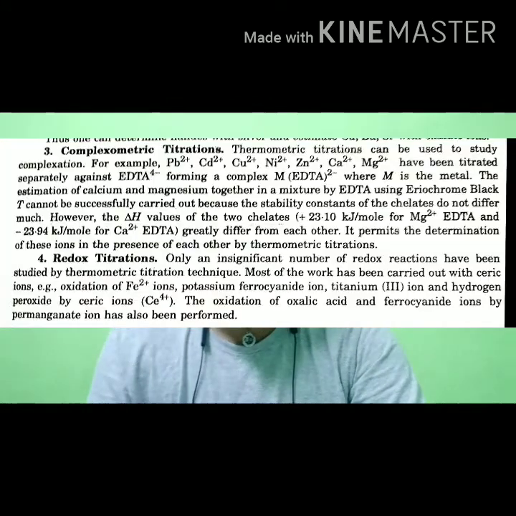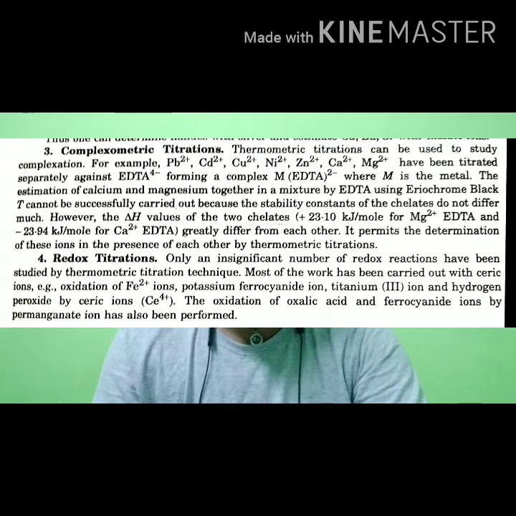Generally, the metal ions are copper, nickel, calcium, cobalt, zinc. These are all metal ions we determine or estimate by complexometric titration, titrating with EDTA.